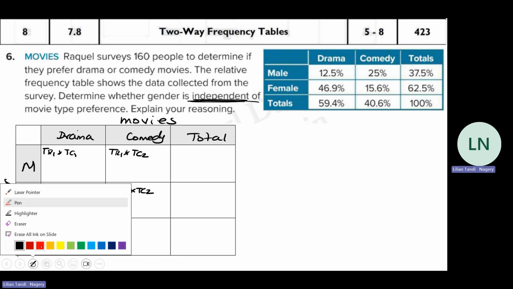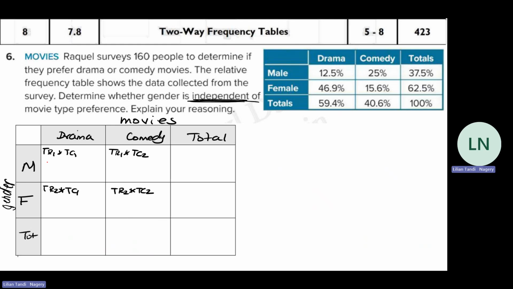Okay, let's see our numbers. Total of row 1, 37.5%. You're going to multiply total of column 1, 59.4%. Total of row 2, 62.5%. You're going to multiply with 40. No, this is column 1. So you're going to multiply with 59.4%.